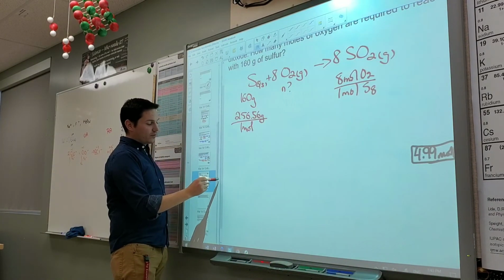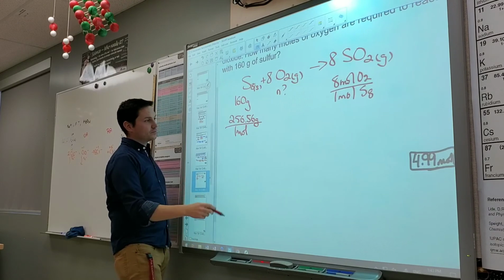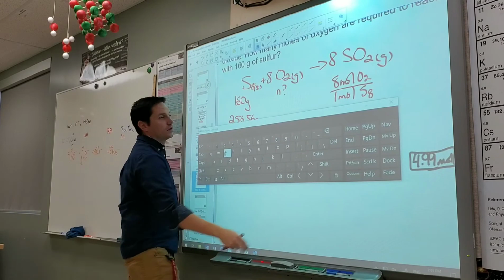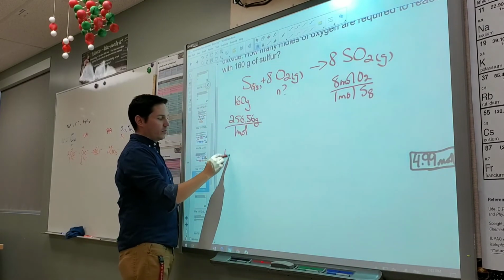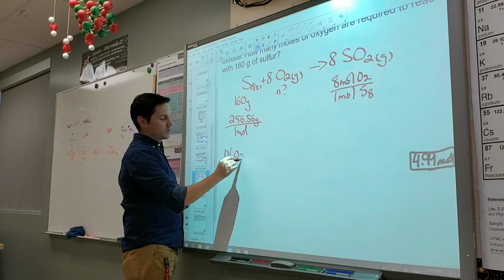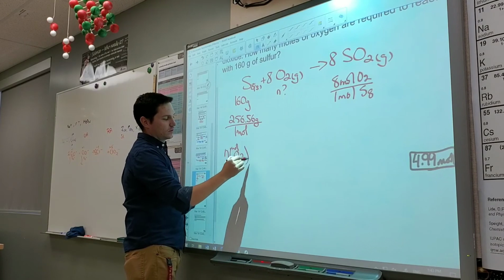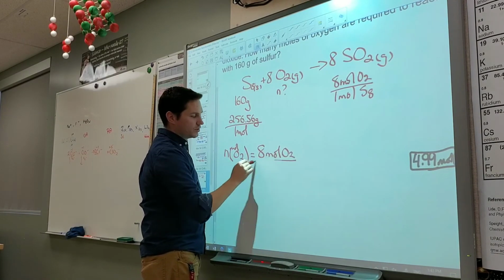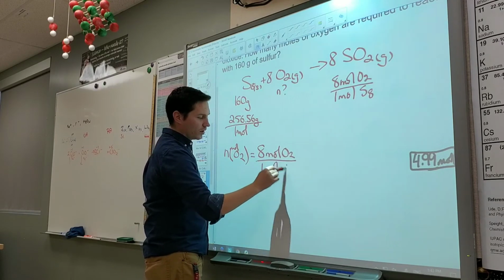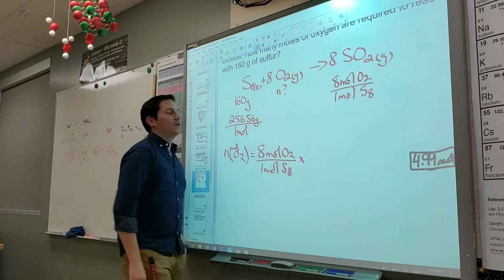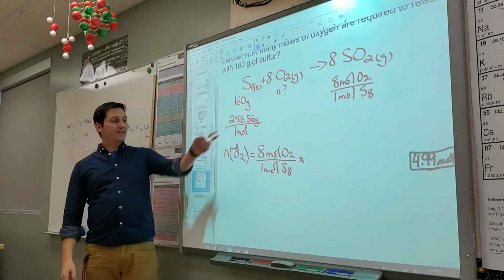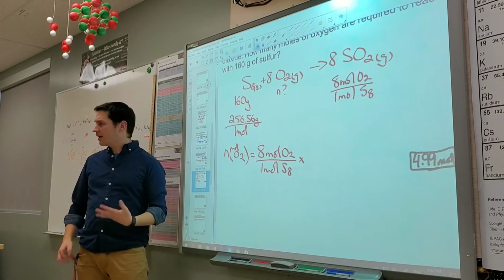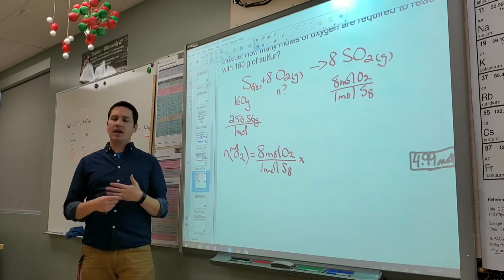So we are looking for the number of moles of oxygen gas. 8 moles of O2 for every 1 mole of S8. Now, I need to use the molar mass because this is the only other thing that has moles of sulfur in it, right? But how do I have to write this?